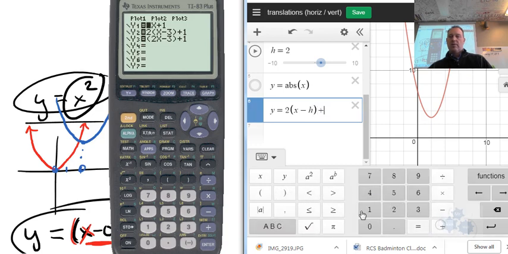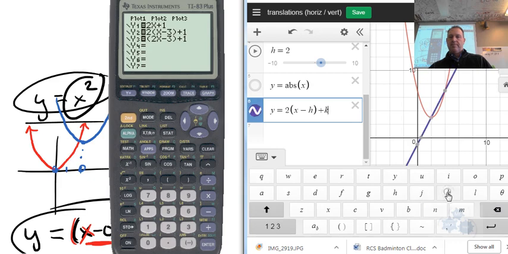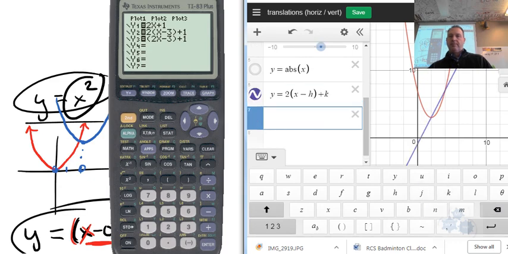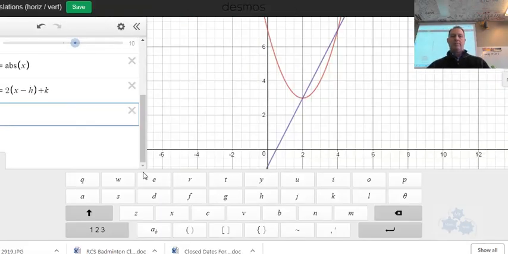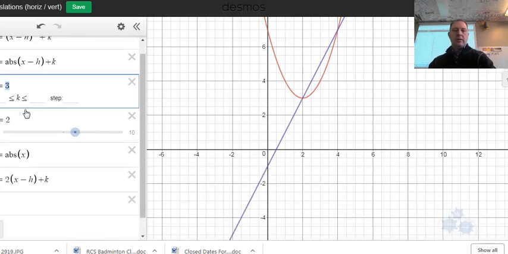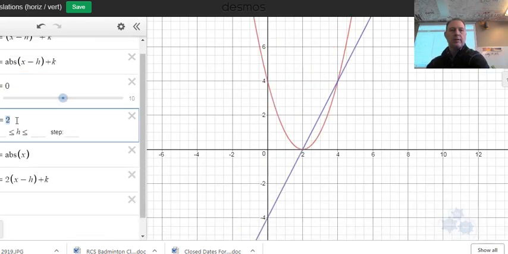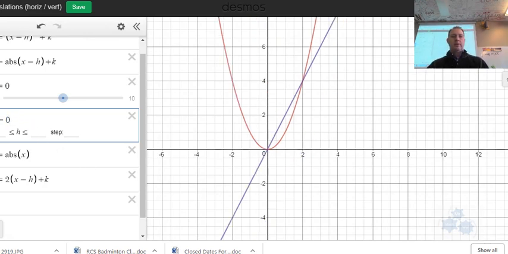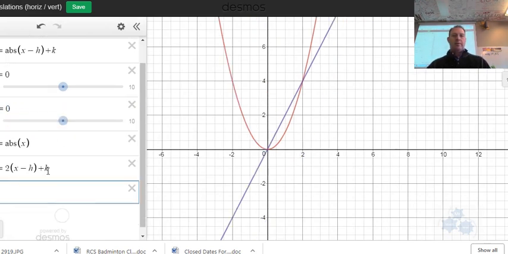Okay, so we're going to try this one. Plus h plus k. So k is 0, h is 0, and we'll get rid of this one.